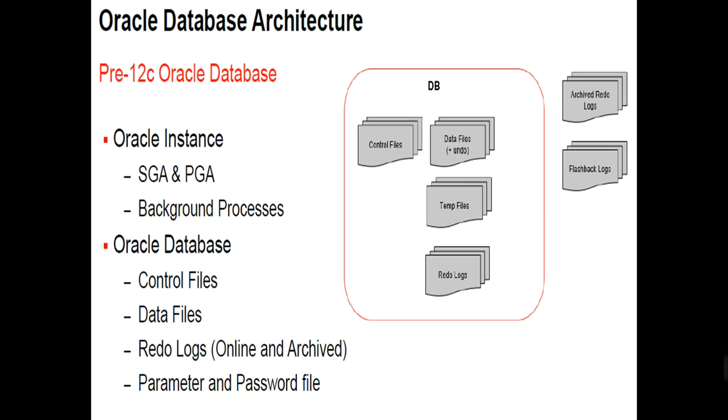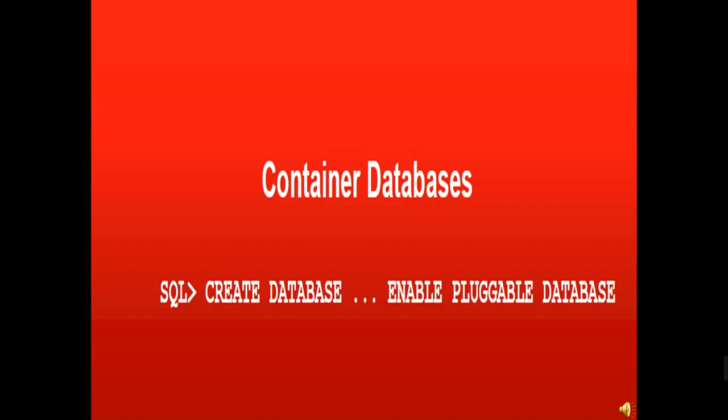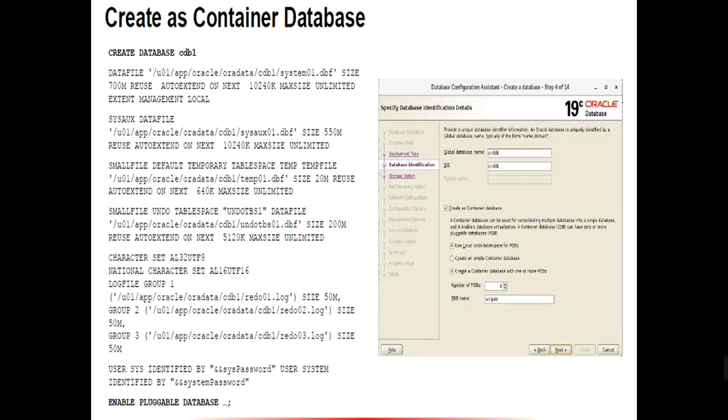So coming up, container databases. We can create a container database and in that we can enable the pluggable database itself. You can see here, create a container database. This is the entire script for the manual container database creation steps.